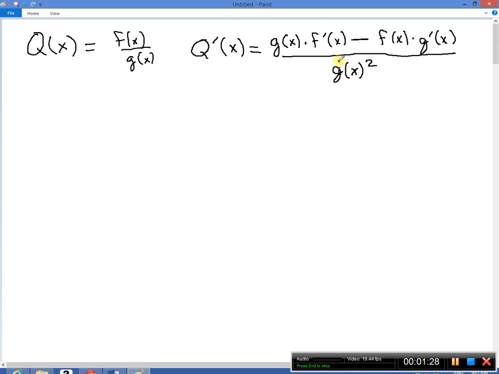So g of x, whatever g of x is, that has to get squared. Horrible formula, kind of hard to remember, but you just have to memorize it.